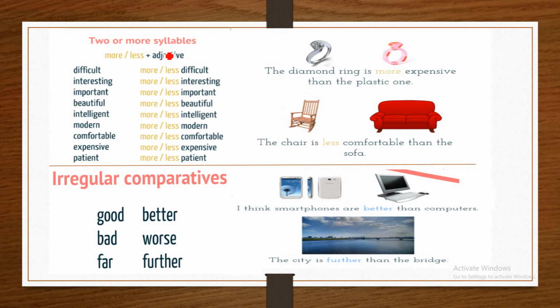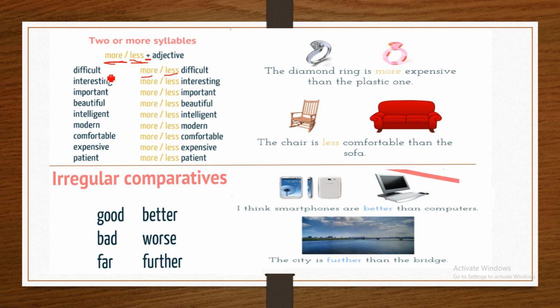Adjectives with two or more syllables: we use more and less before the adjectives. More or less plus the adjective. More for more things, less for less things. It means more for bigger, less for smaller.